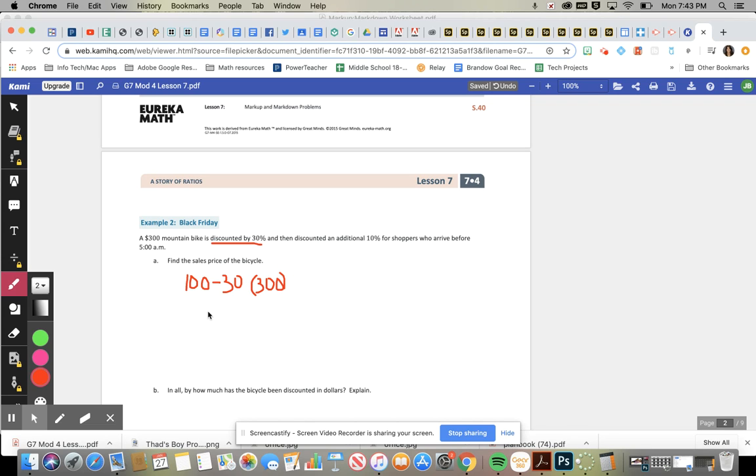So 100 minus 30% is 70%, times 300. And 70%, we'll move the decimal back 2 places, is 0.7 times 300.